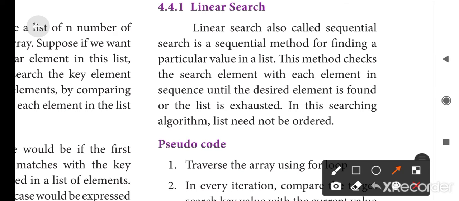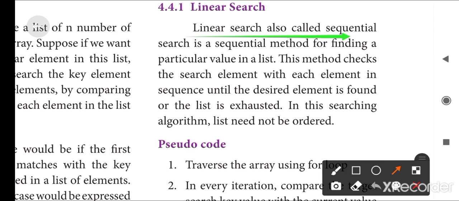Or 23, 22, 20, 19, then binary search is also applicable. If the list has ascending or descending order, binary search is applicable. If the list has no order, linear search is applicable. This is the concept of linear search.